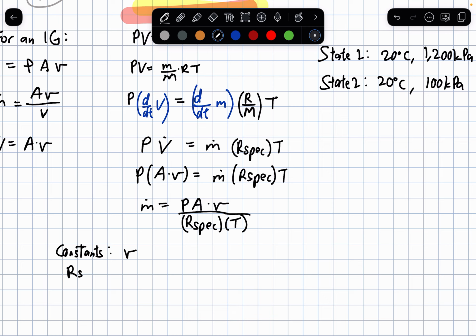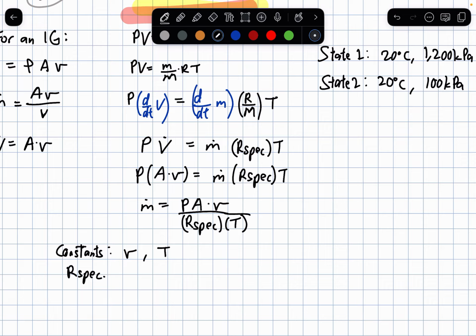Obviously, R specific is also constant, the specific gas constant, hence the word. What else? Isothermal process, so temperature is also constant. How about pressure?